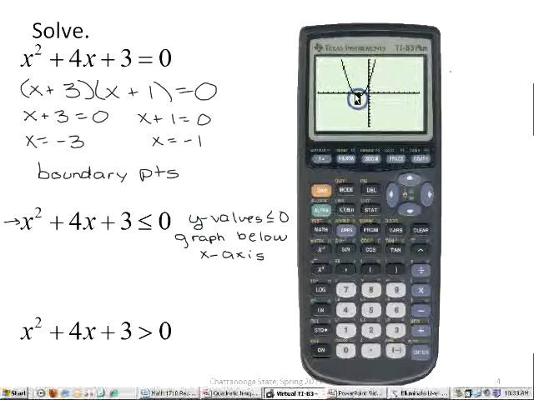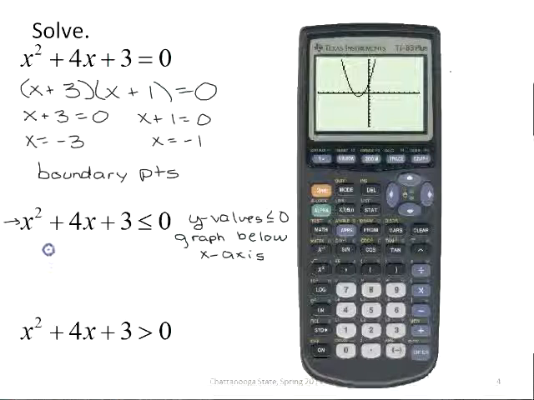The only portion of my graph that's below the x-axis is right here, and this portion has x values that are between my -3 and my -1. So my solution here would be the interval where x goes from -3 to -1. Here I would include my endpoints because I have the equal mark with my inequality.